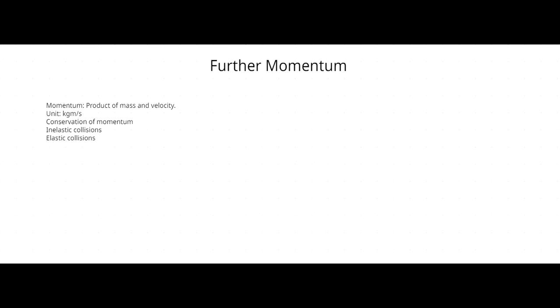Momentum is going to be conserved as long as it's an isolated system, with no external forces involved. The question is whether kinetic energy gets conserved or not. So in an elastic collision, momentum and kinetic energy both are conserved.